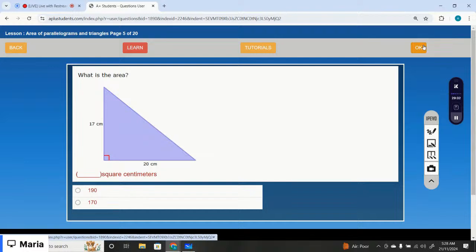What is the area? So, which is the correct option? You have to do half times base times height. So, which is the correct option?